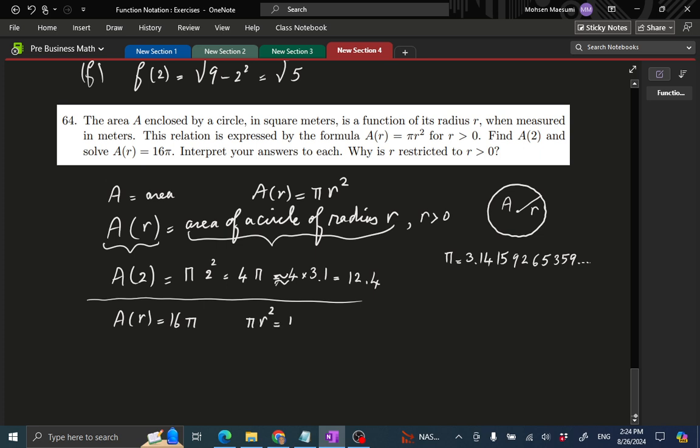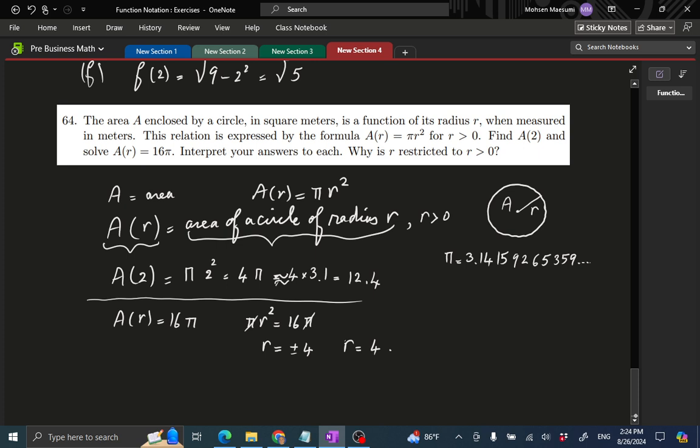And now this is 16 pi. Just divide two sides by pi, becomes r squared equal to 16. What numbers fit this equation? Well, we have two answers, plus or minus 4. But we remember we said r is positive, so we say r is 4.